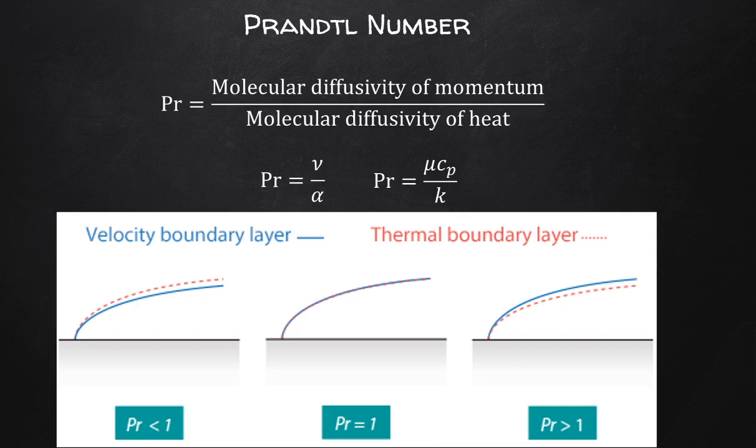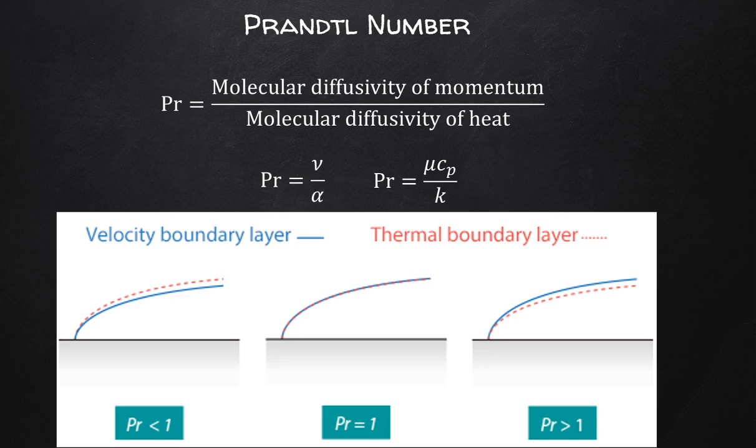It is a property of the fluid, defined by the fluid properties that pertain to the molecular diffusivity of momentum over the molecular diffusivity of heat. So in other words, the Prandtl number is an indication of whether heat is transferred predominantly by convection, which is what diffusivity of momentum refers to, or predominantly by conduction, which is what diffusivity of heat is referring to.